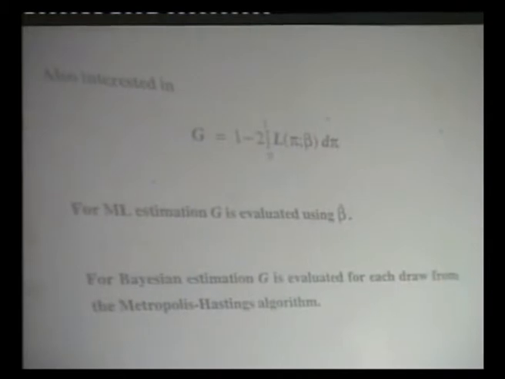But again, that's not a big deal. Again, with Shazam, it's just one command. You just do it for the whole vector of beta estimates and get one vector of Gini coefficients. A big vector, but just one vector.